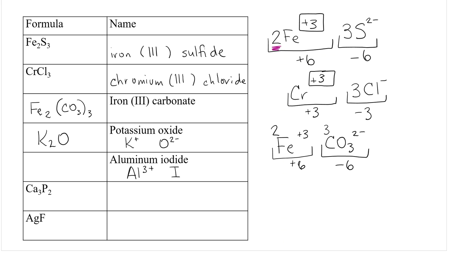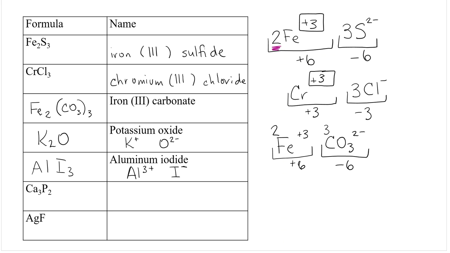So iodine is a halogen. It's in group 7. What's the charge on an iodide ion? -1. So what is the chemical formula for aluminum iodide? AlI3, beautiful.